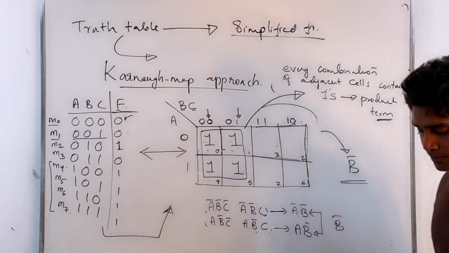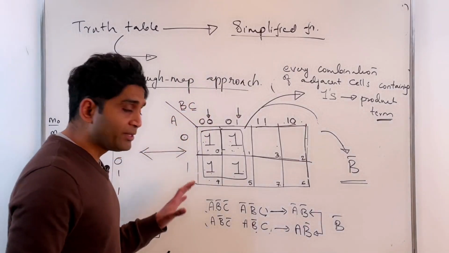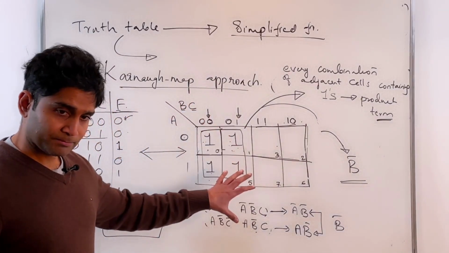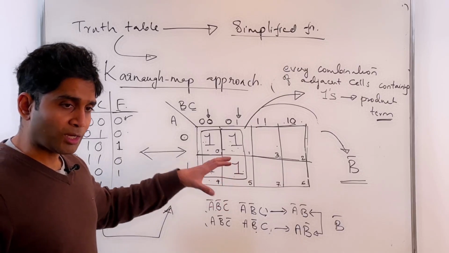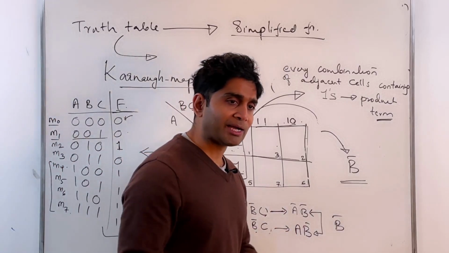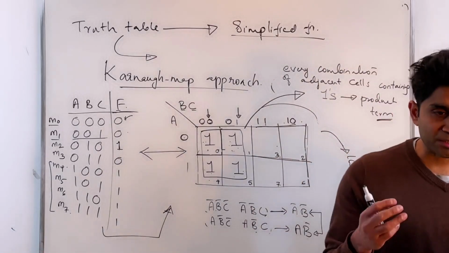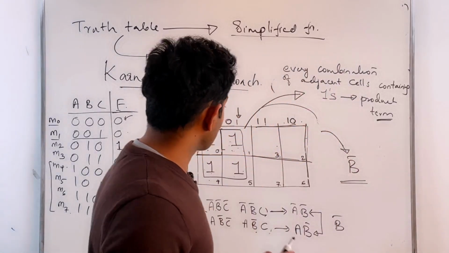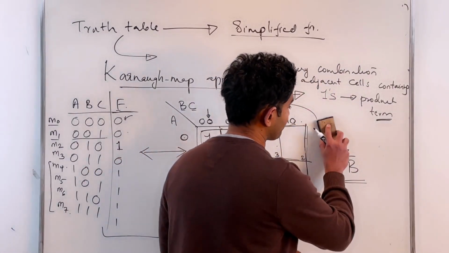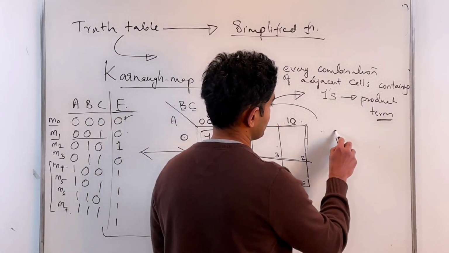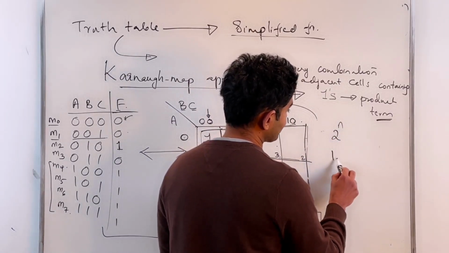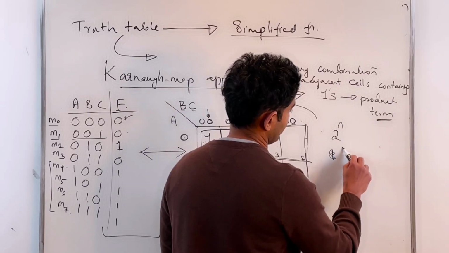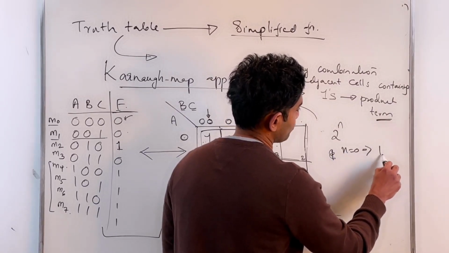As simple as that. So as you can see, when we're trying to combine them, your goal is to combine adjacent cells into the largest possible combination, making sure that your combinations are always in terms of 2 power n. You can combine one cell, n equal to 0 corresponds to one cell.